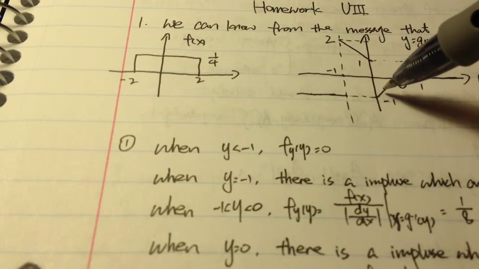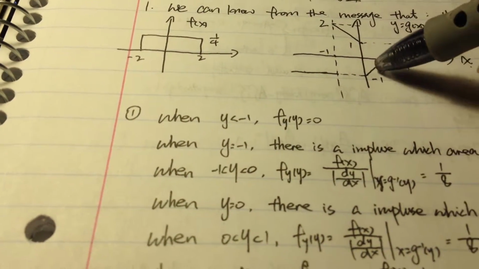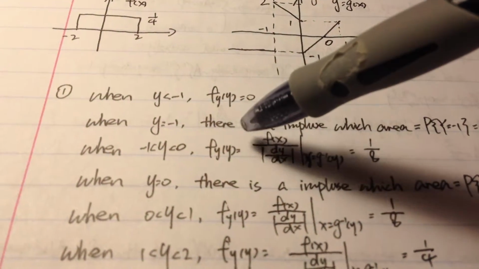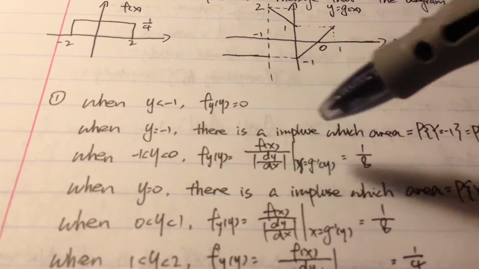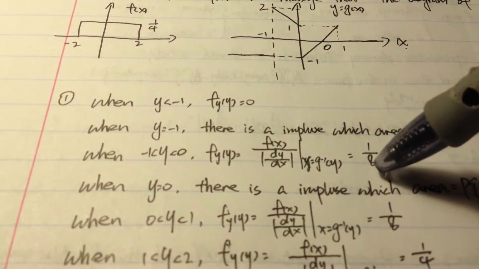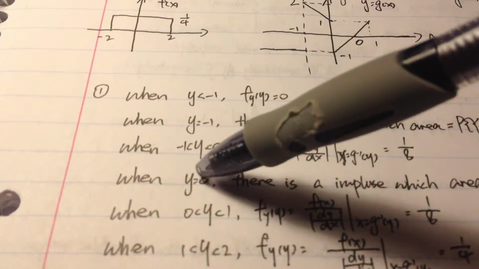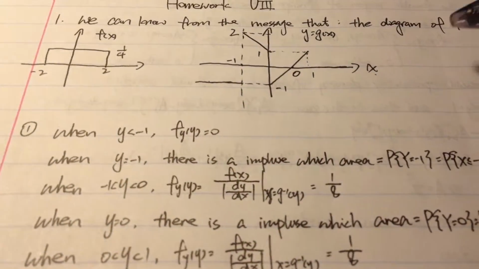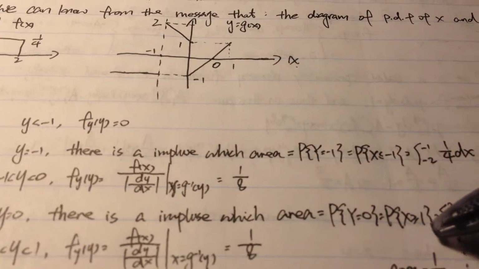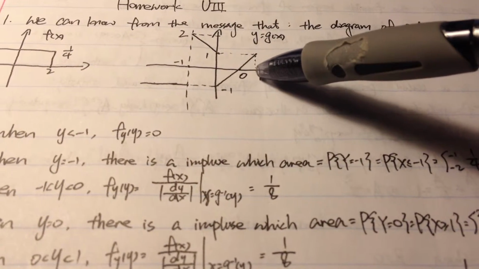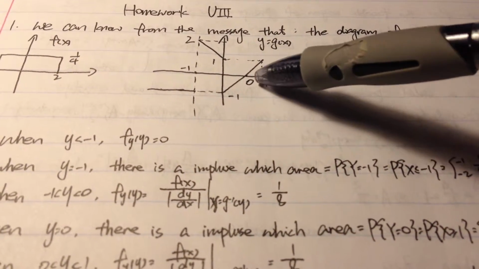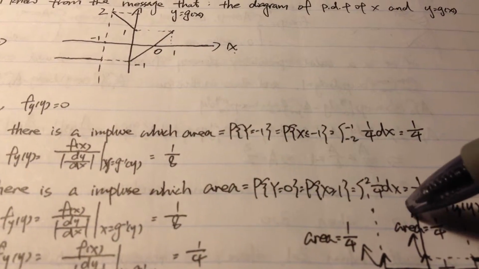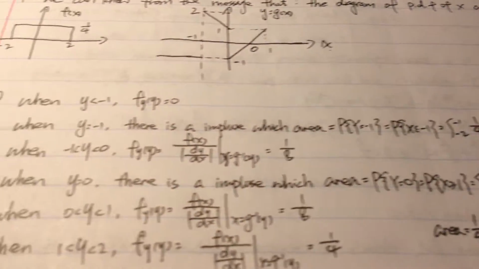that is this part, it is a continuous function, so we use the formula to know that the density function of y equals 1 over 8. And when y equals 0, there is an impulse whose area equals the probability when x is greater than 1, so that the area equals 1 over 4.